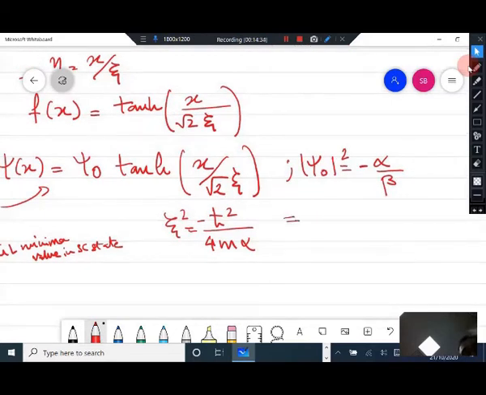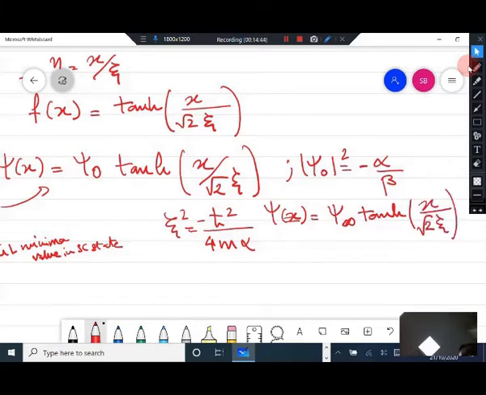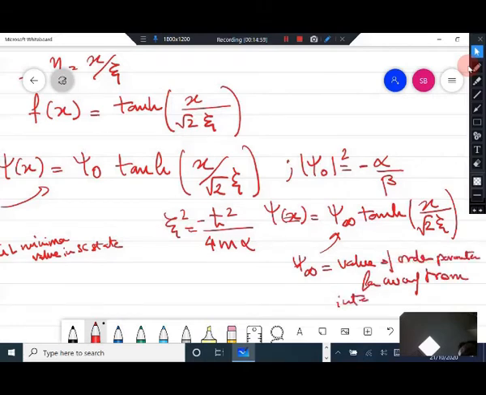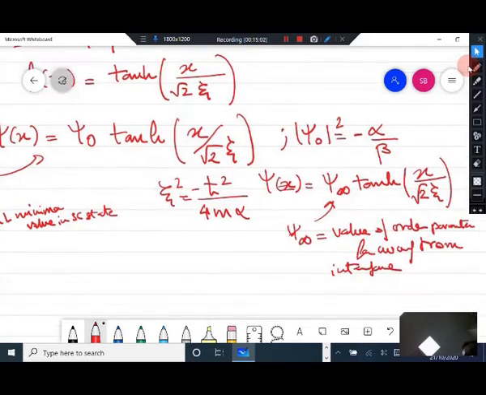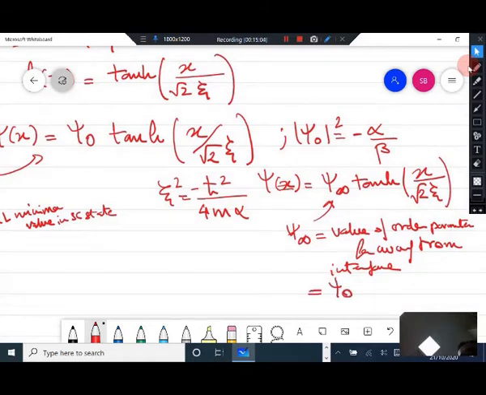Or you can rewrite the above expression as psi of x equal to psi infinity tan hyperbolic x by square root of 2 into xi, where psi infinity is the value of the order parameter far away from the interface, and it is equal to psi naught, which is square root of minus alpha by beta.